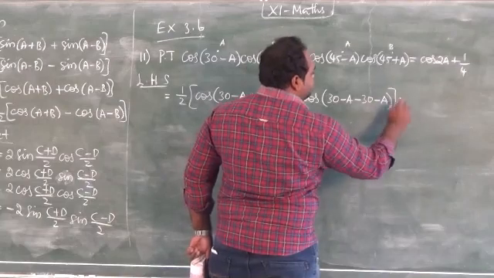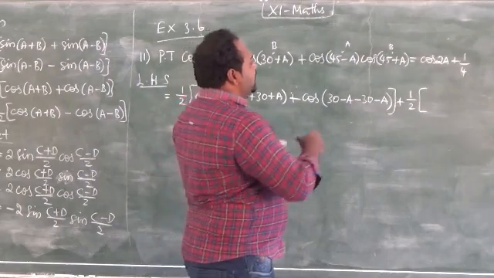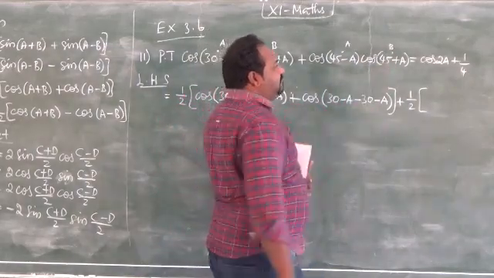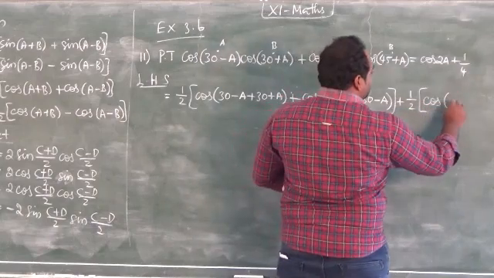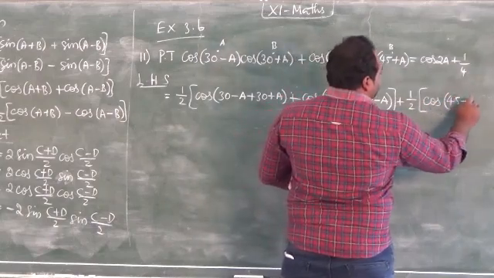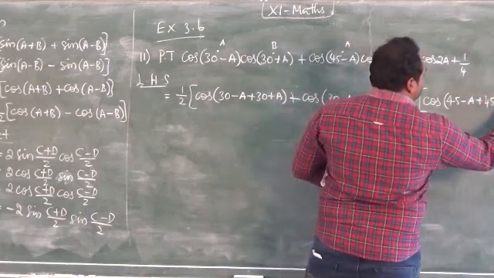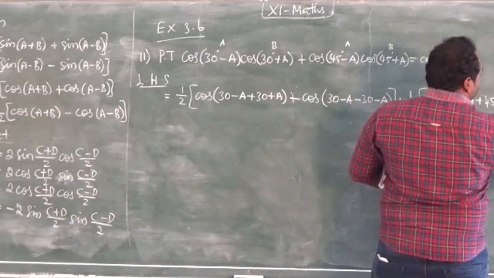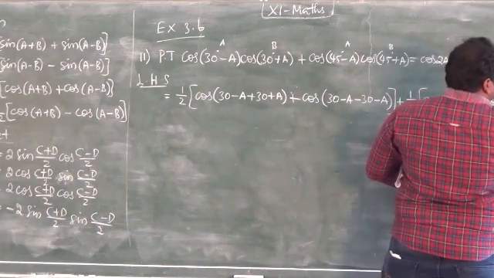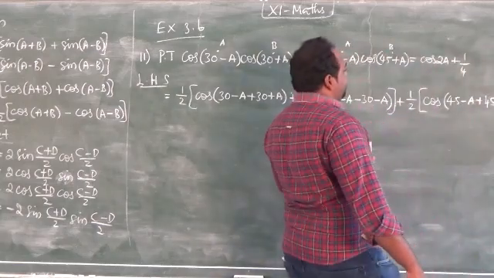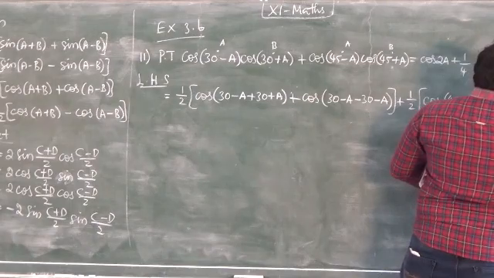Then plus 1/2, the same formula here also, where A is 45° − A and B is 45° + A. So here also 1/2 [cos(A + B), which is (45° − A) + (45° + A), plus cos(A − B)], just directly multiplying the minus inside the bracket, minus (45° + A).